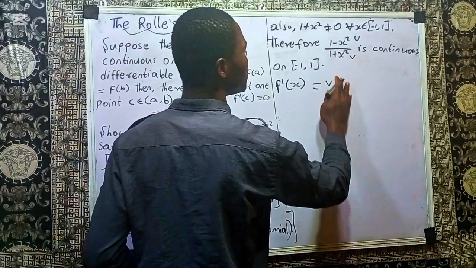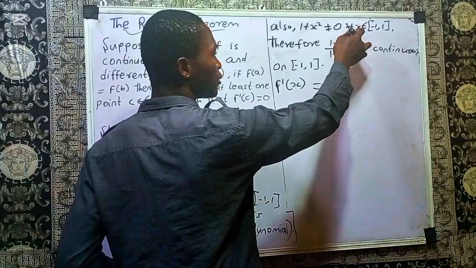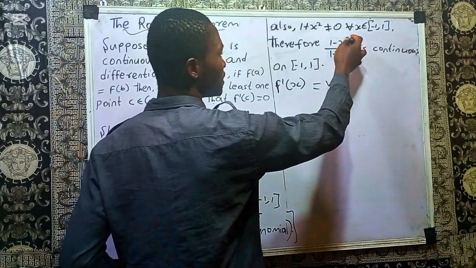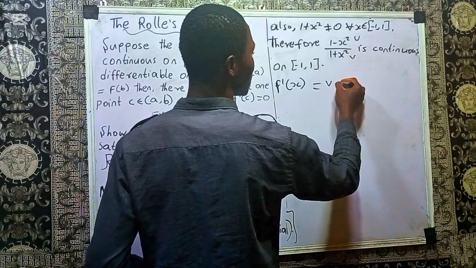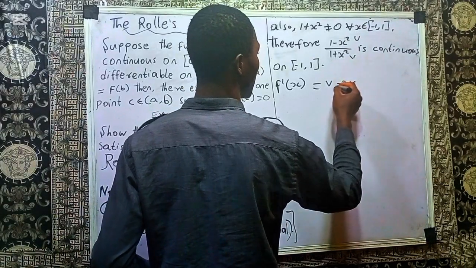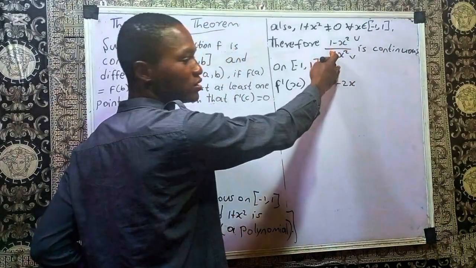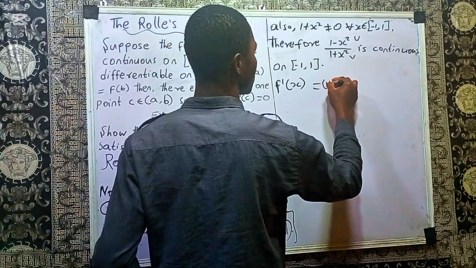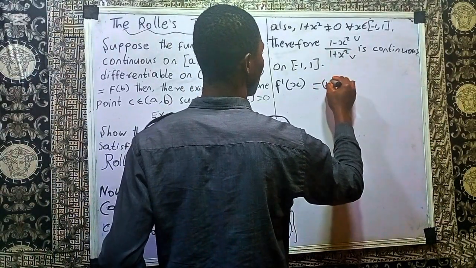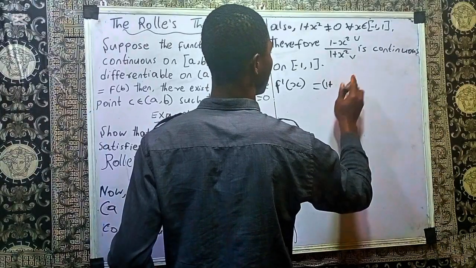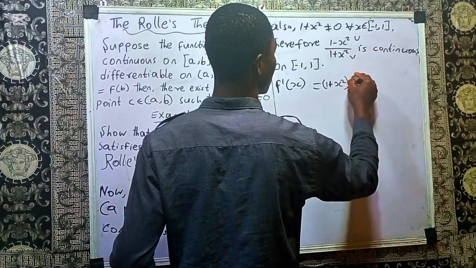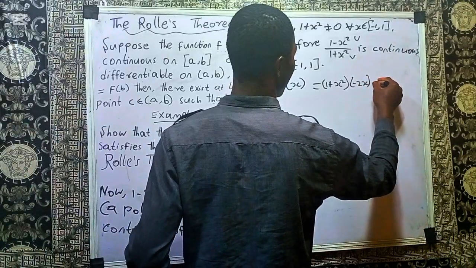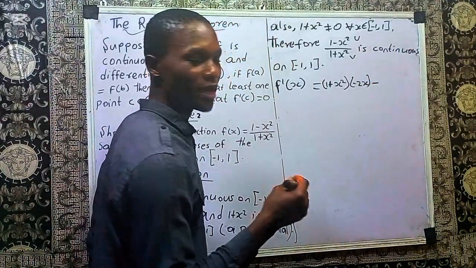Now if my u is the numerator, and you differentiate this numerator, differentiating 1 you get 0, and differentiating negative x squared you get negative 2x, right? You are keeping v, which is the denominator. So our denominator is 1 plus x squared, then multiplying negative 2x, minus, next one you put minus.